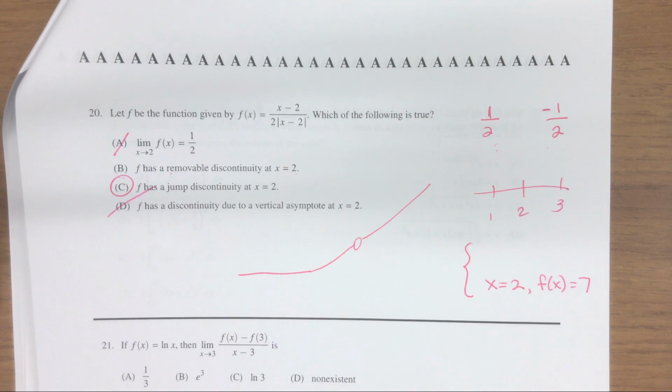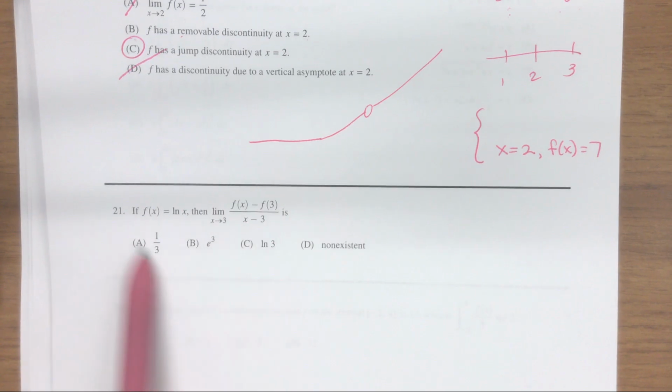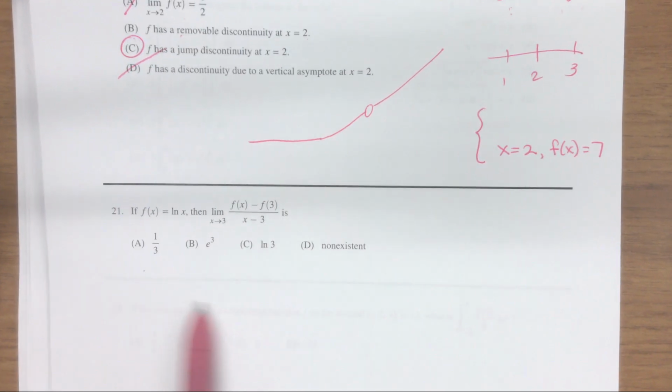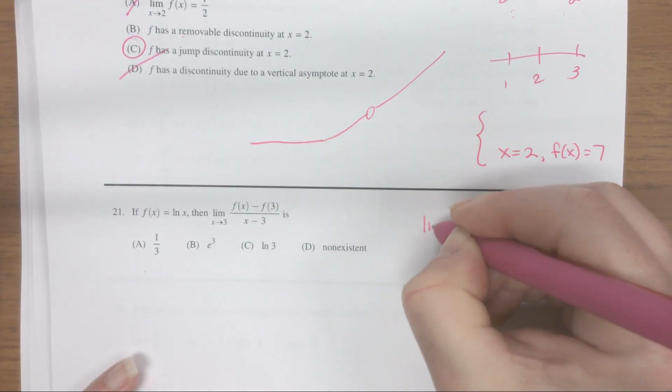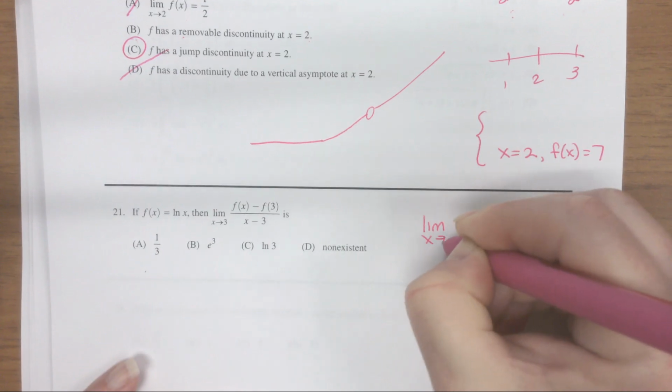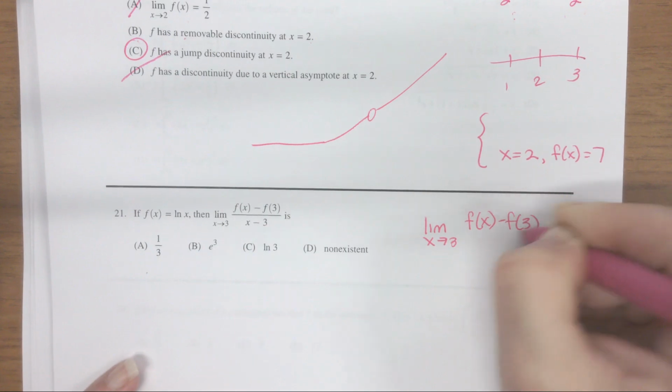How about 21? Did you guys get that one right? Okay, this is another thing I had on the docket. This is the definition of the derivative. It's asking, think about this, guys.